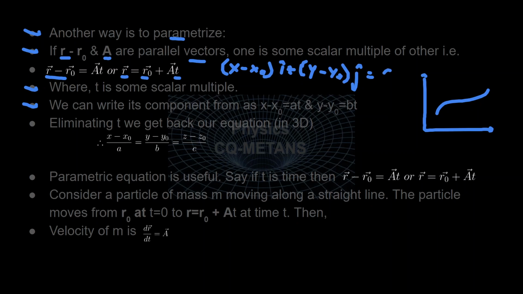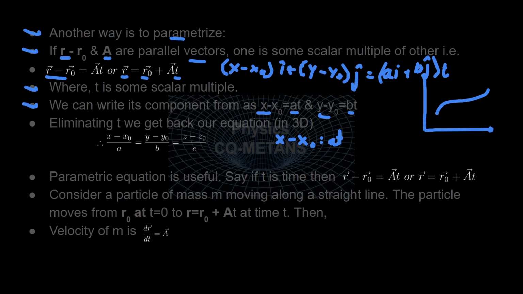A is a i cap plus b j cap, times t. Now if you notice, x minus x naught should be equal to a times t. These equations are already written over here. So their components can be written as x minus x naught is equal to at and y minus y naught is equal to bt.